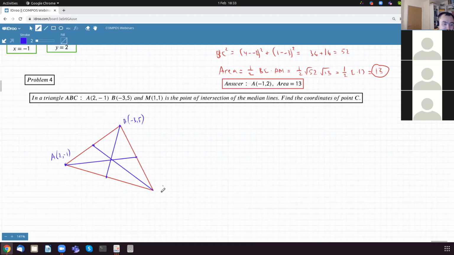Okay, so this is C. Let's say the coordinates of C are unknown. So let's label them as X and Y. Why not? This point M has coordinates 1, 1.